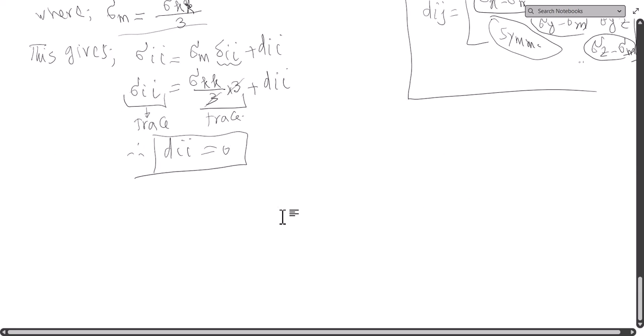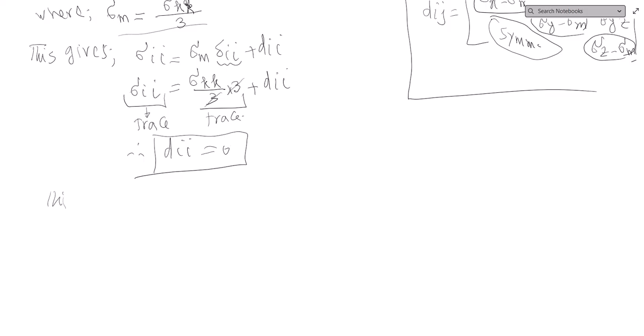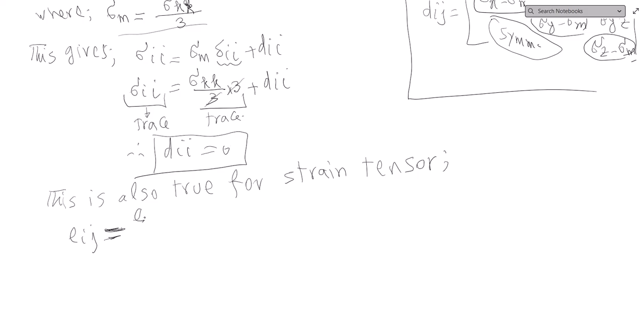This is also true for the strain tensor, i.e. we can write my eij as Ekk divided by 3 delta ij plus epsilon ij.